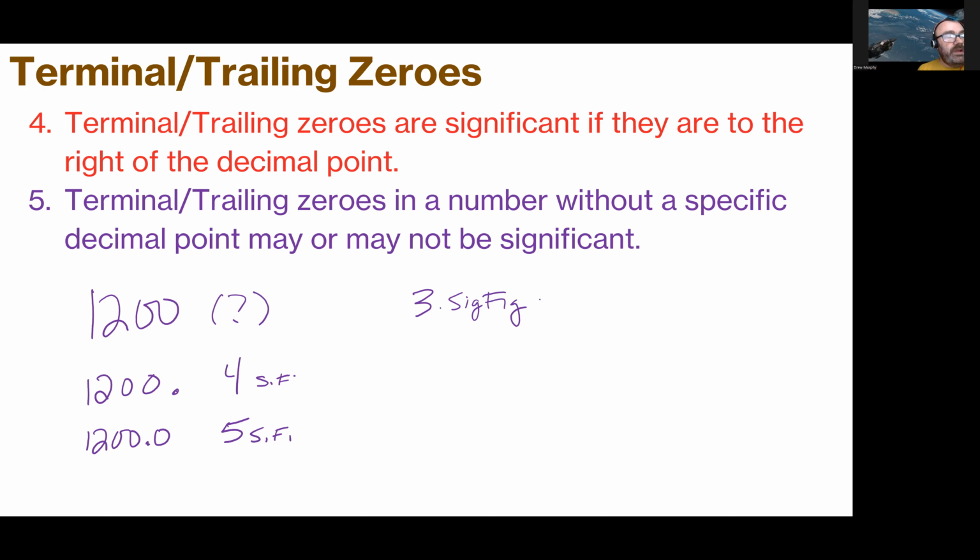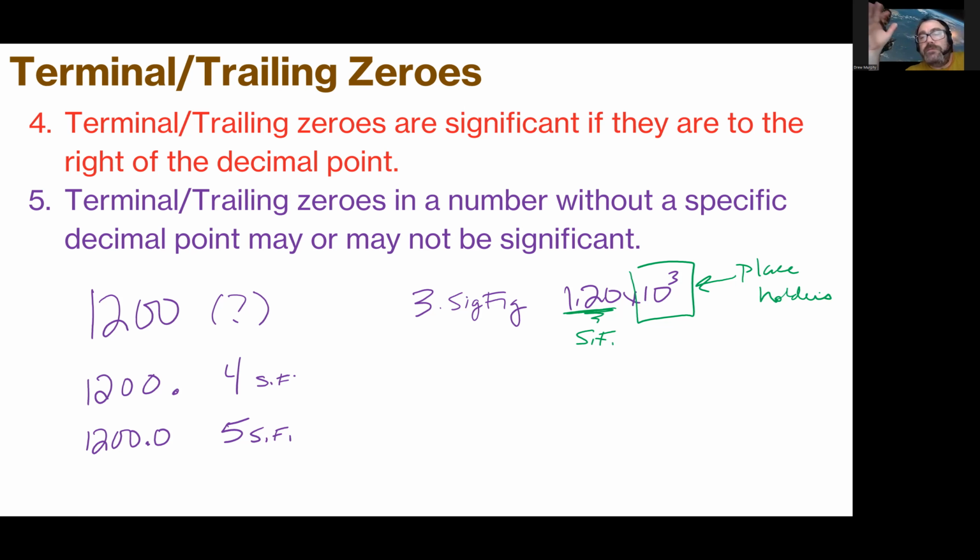Three significant figures is going to require us to have scientific notation, and that would mean 1.20 times 10 to the third. When we're thinking about scientific notation, everything that's in this piece of the number is significant. Everything that's out here in the exponential part is placeholders and not significant. So if you want 3 significant figures, you have to have scientific notation.